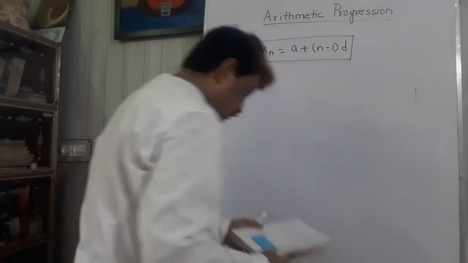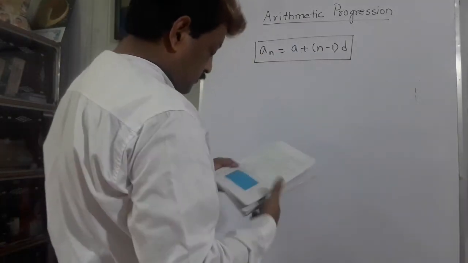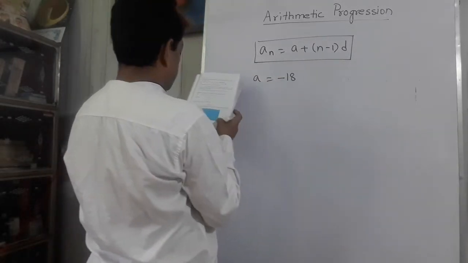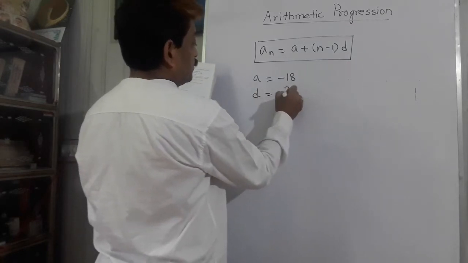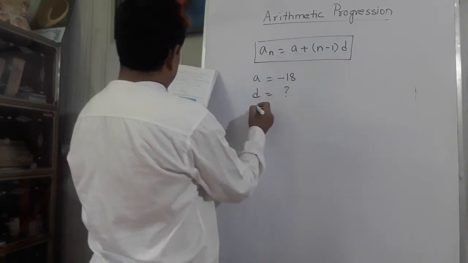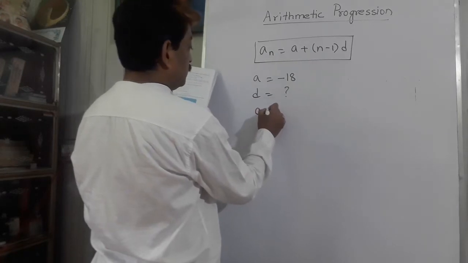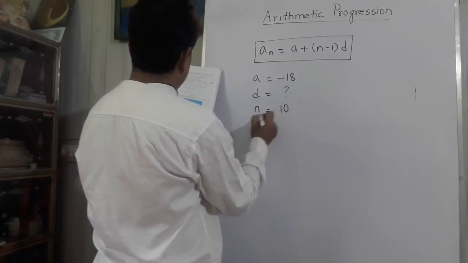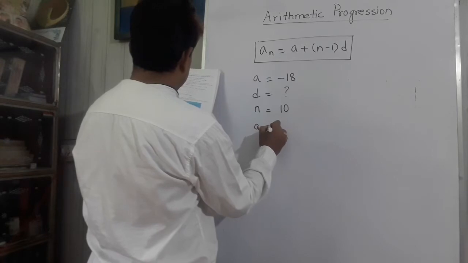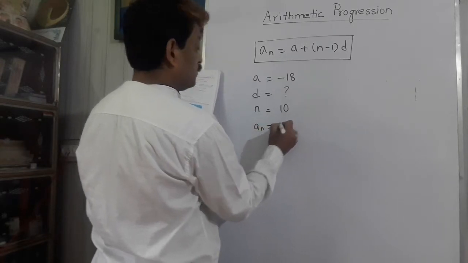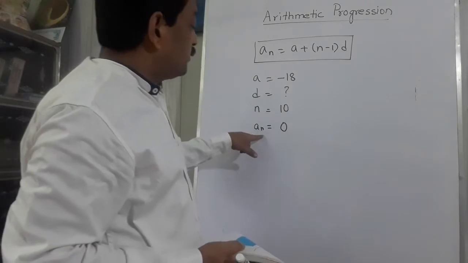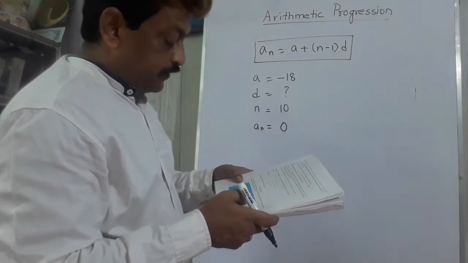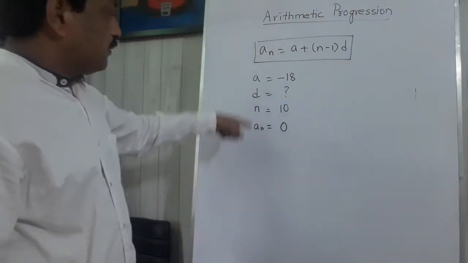The first term a is given as minus 18, d is not given, n is 10 and an is 0. The last term, the nth term, is given as 0. The number of terms is 10, the common difference is not given, and the first term is minus 18. So this is the sum.